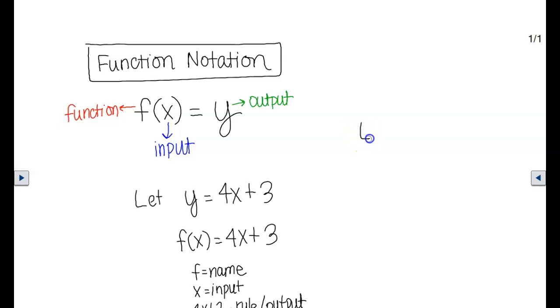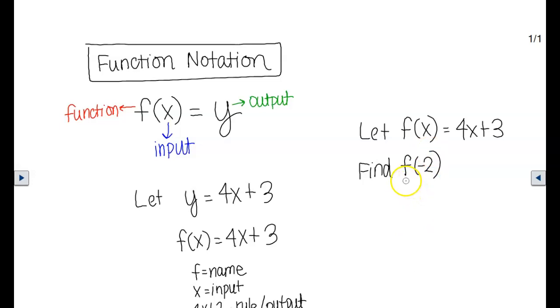So that gave us the option of doing stuff like this. They could say, let f of x, let a function of x equal 4 times x plus 3, find f of negative 2. So what they're saying is, take the function whose name is f and input negative 2 for x. When I input negative 2 for x, I get 4 times negative 2 plus 3.